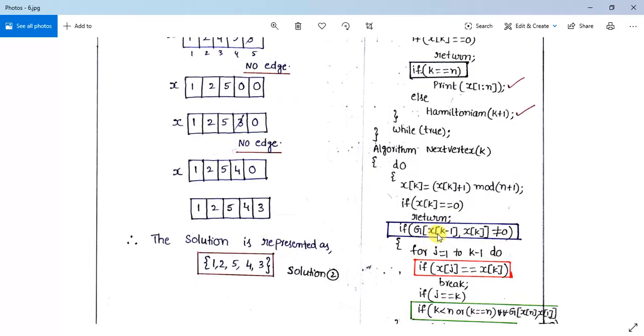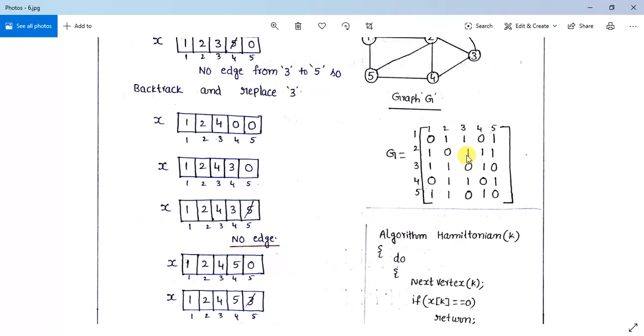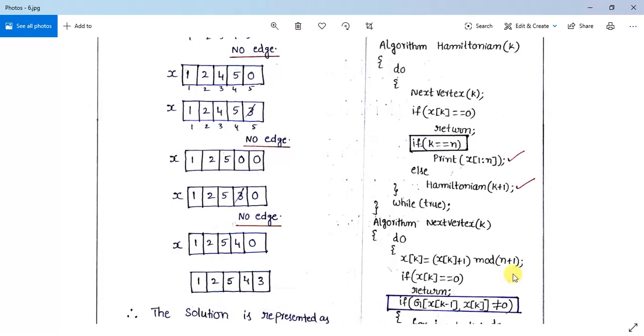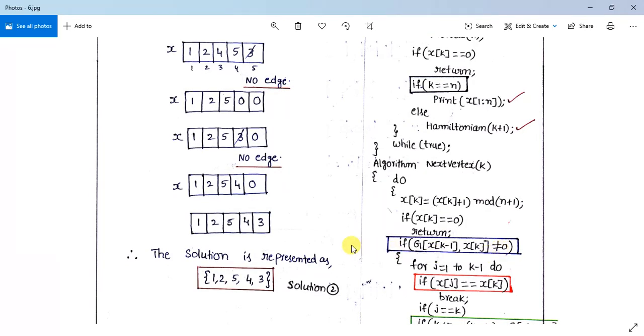In g of x of k minus 1 comma x of k, this is k minus 1 and this is k, so you check whether any edge is present or not. If it is not equal to 0, that means in the adjacency matrix 1 should be present, that means some connection is present. So to the previous vertex, you are checking whether there is any connection or edge.